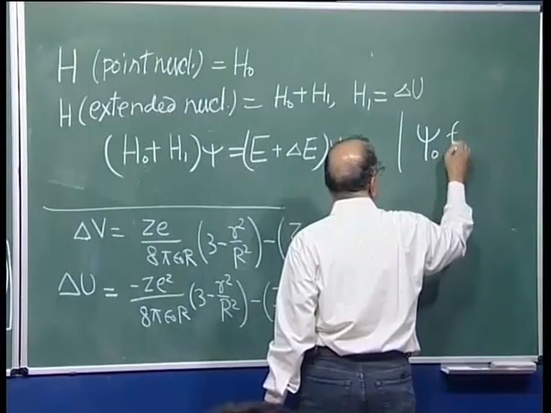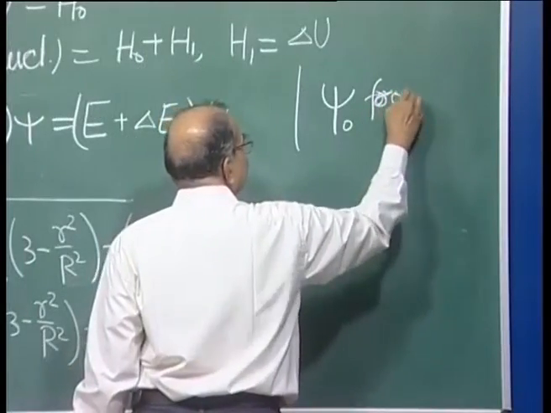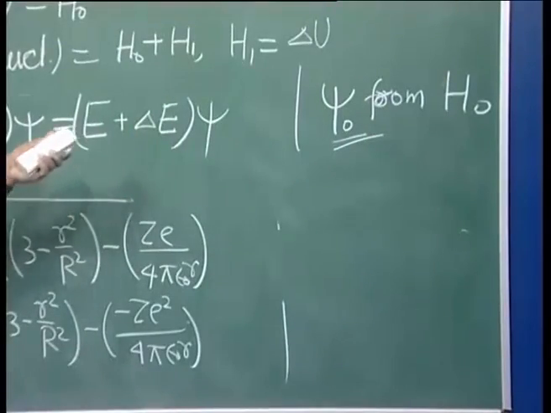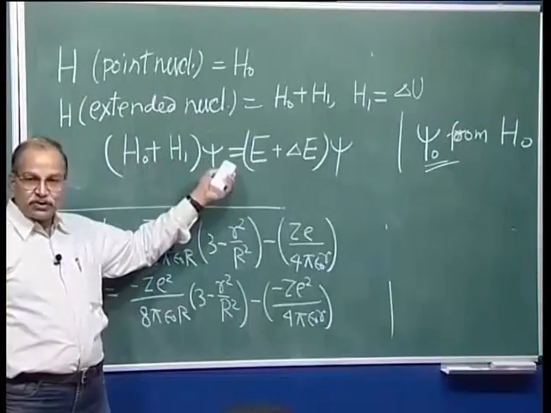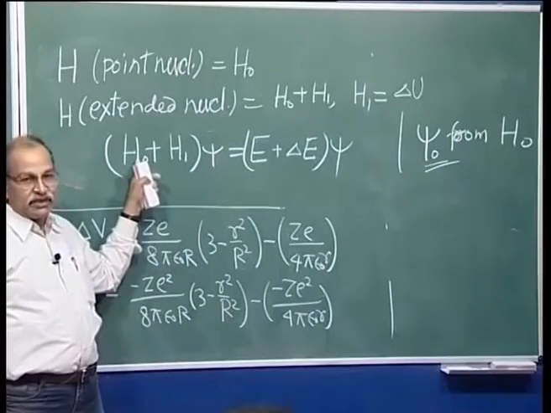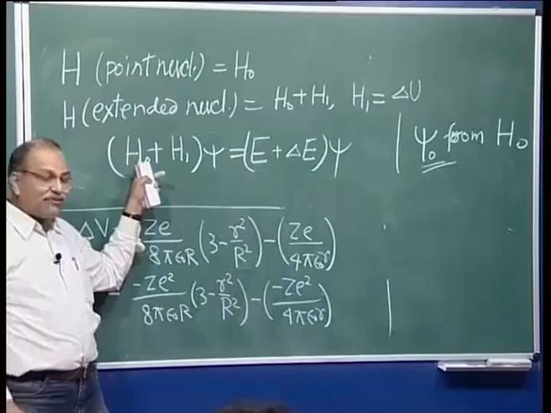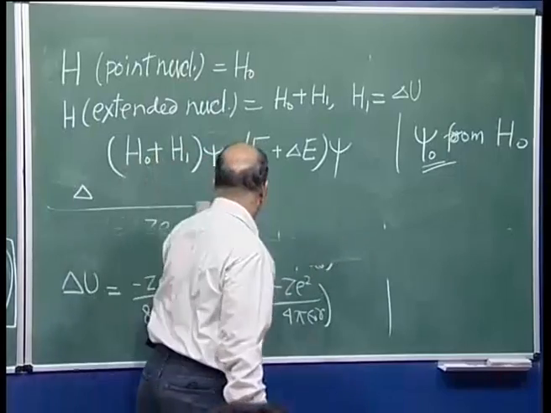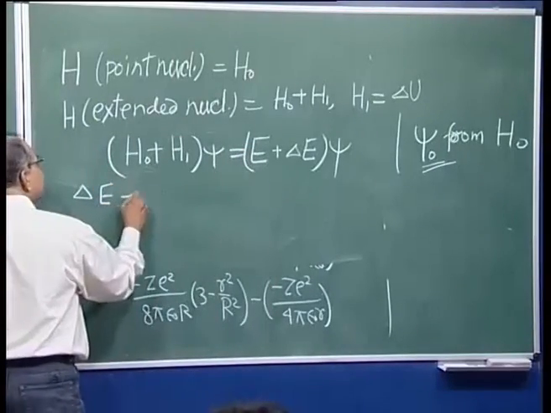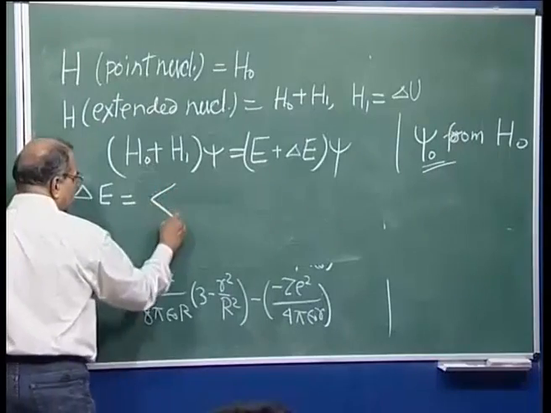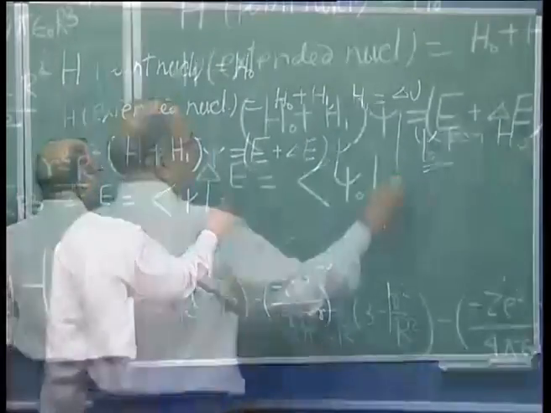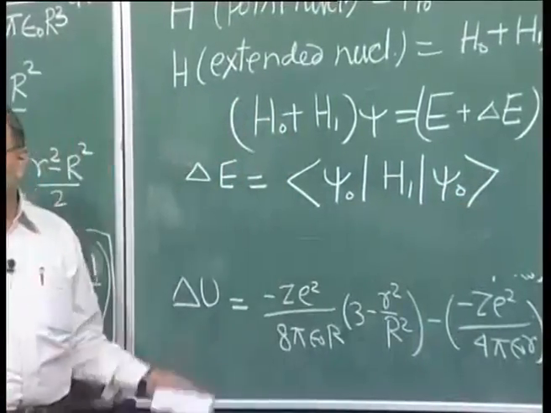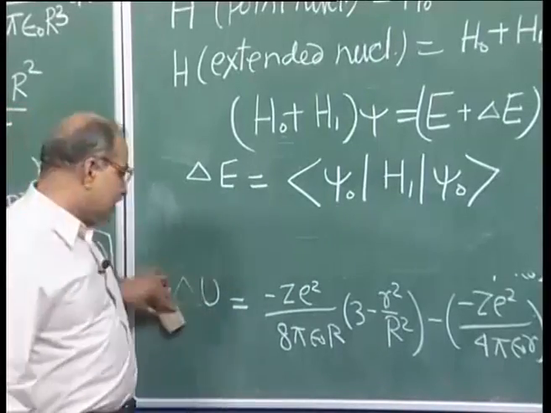If H 1 is a small correction in H naught, this procedure works: get your wave function from H naught and use that wave function to calculate delta E, which is psi naught here and this H 1 here and psi naught here. Remember that? Okay.